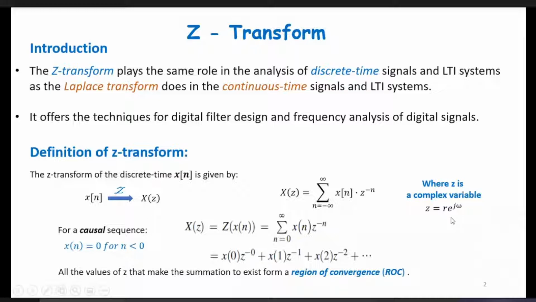If you assume a phasor, then r cos omega is the real part and r sin omega is the imaginary part of the phasor rotating at the digital frequency omega.